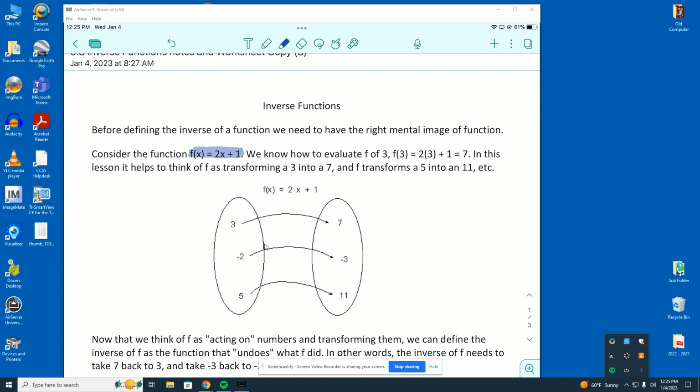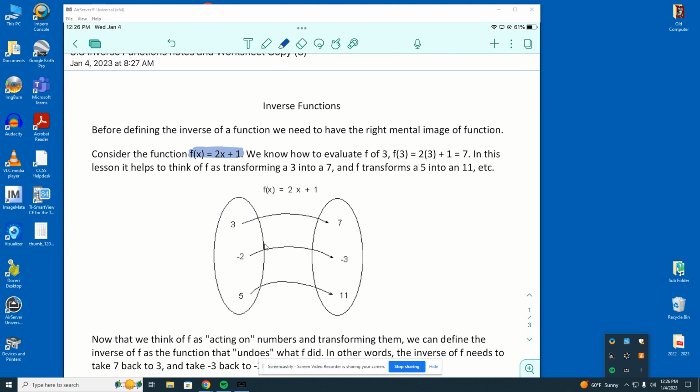It flops them. So, for example, if I had the inverse to the function 2x plus 1, if I plugged 7 into that inverse function, guess what it would give me? It would give me a 3. If I plug negative 3 into that inverse function, what would it give me?